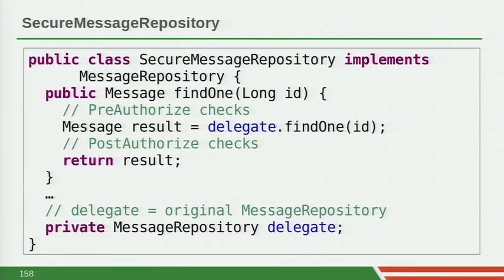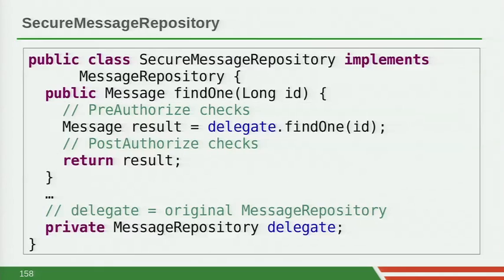So earlier we said in a filter we can do something before and something after. We can do the same thing with method level security. So we could say before we invoke the delegate, which is the original message repository that we had, do some sort of check. And if that passes, then we'll go ahead and invoke the original method, and then afterwards we could do some other sort of check.